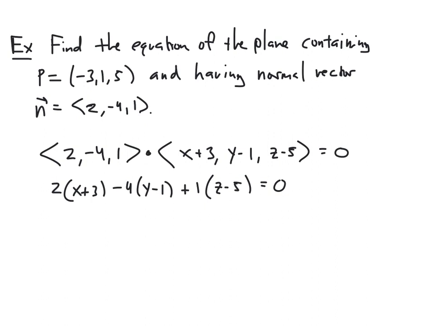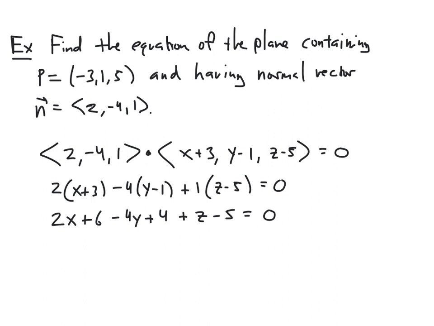Right? And this would be an equation of the plane, but if we want to get it into the nice compact form with all the constant terms on the one side, we can distribute here. So we have 2x plus 6 minus 4y plus 4 plus z minus 5 equal to 0.